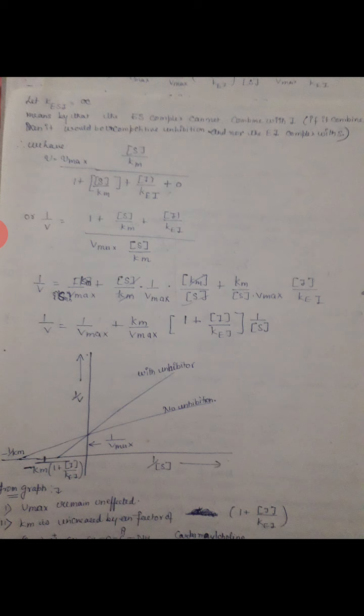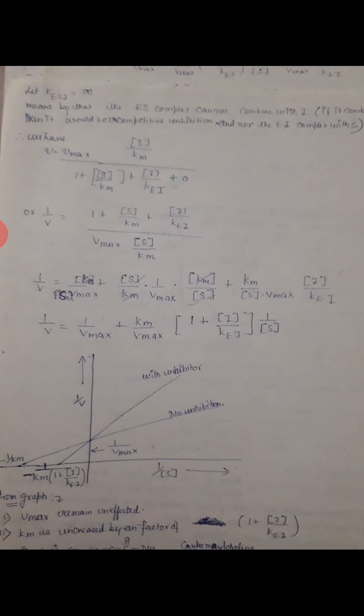The important thing here is that because the inhibitor is in competition for the enzyme, the possibility of the substrate binding with the enzyme is very low. So the tendency of I to interact with the ES complex is very low, and KESI comes out to be infinity, because I has an infinite tendency to bind with the enzyme.